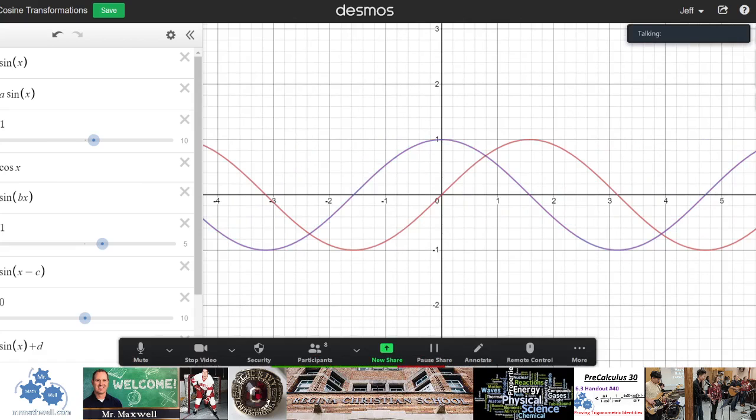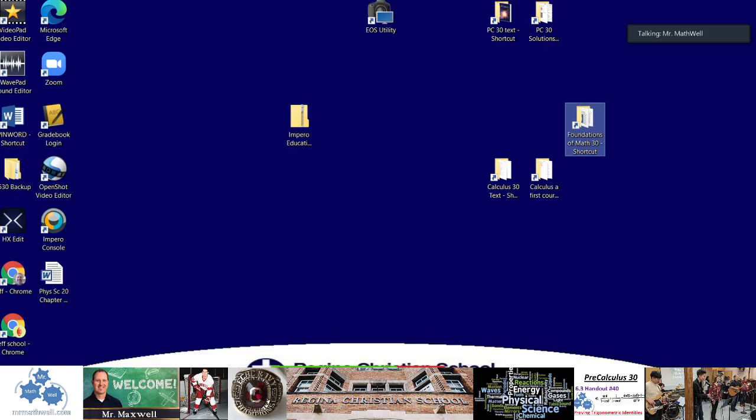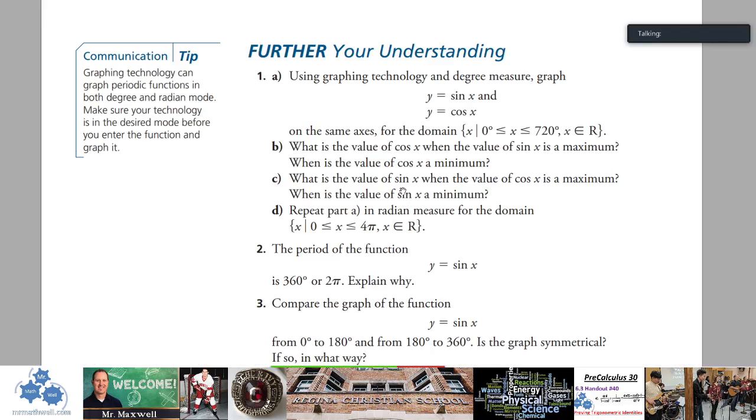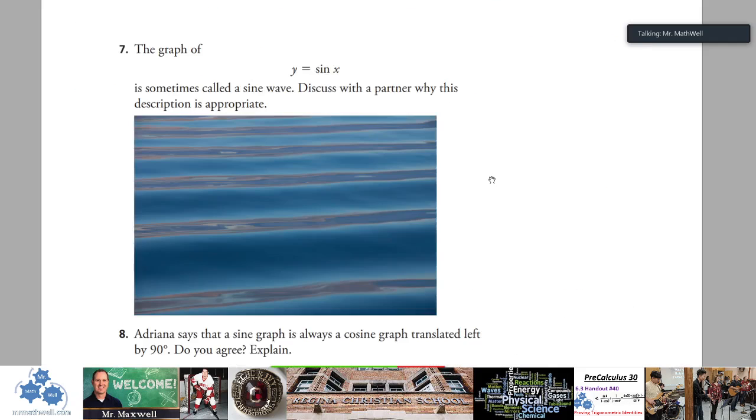Okay. Now I just want to show you the textbook here. Graphing technology, certainly with the graphing calculators here, you can graph your y equals sine and cosine, and you can see the graphs there. There will be some questions I'll require you to do here, just some introductory questions from 8.2.